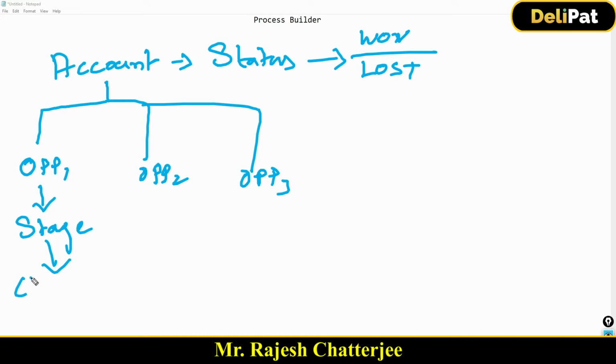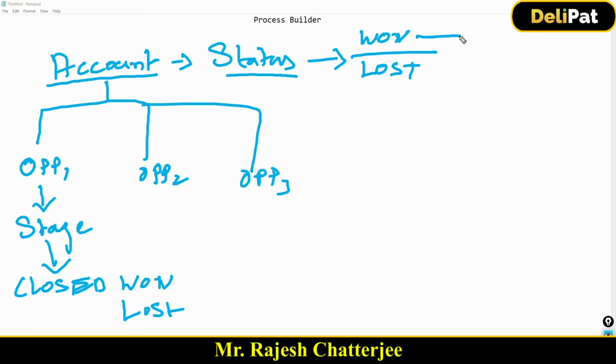Now this is the requirement. Whenever some business user changes the account status to, let's say, won, then automatically all the opportunities under that particular account will have the status won.